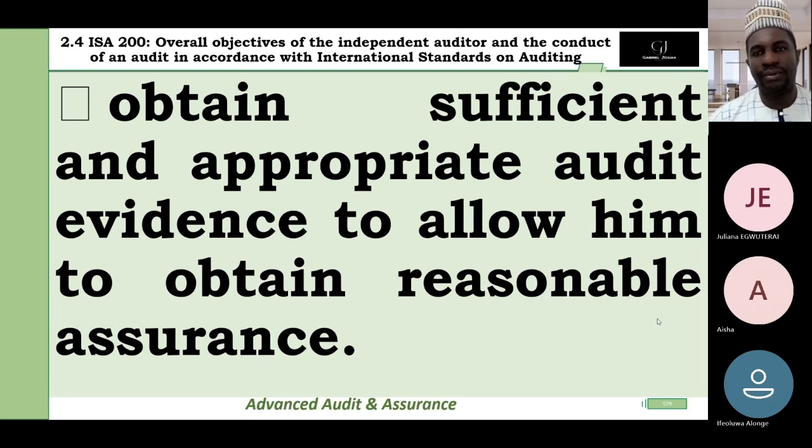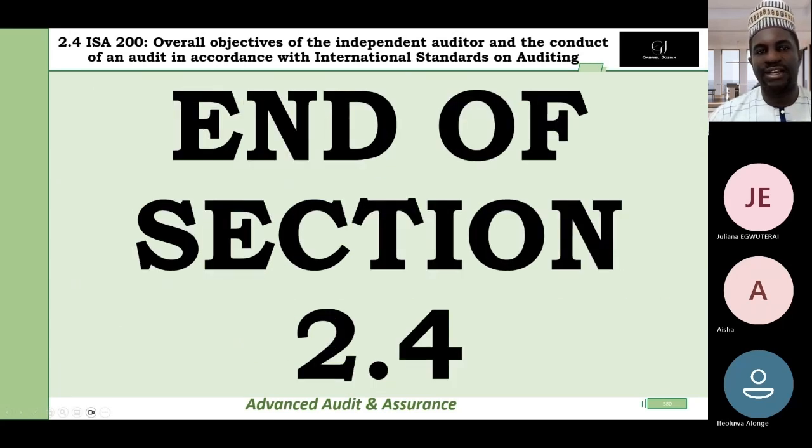And in doing the job, obtaining sufficient and appropriate evidence to allow the auditor to obtain reasonable assurance is very important. So where there is no audit evidence, then assurance cannot be provided. So sufficient audit evidence in the form of substantive procedures, audit procedures, checks, reviews, and documented evidence is necessary to be able to provide assurance that the job has been done.